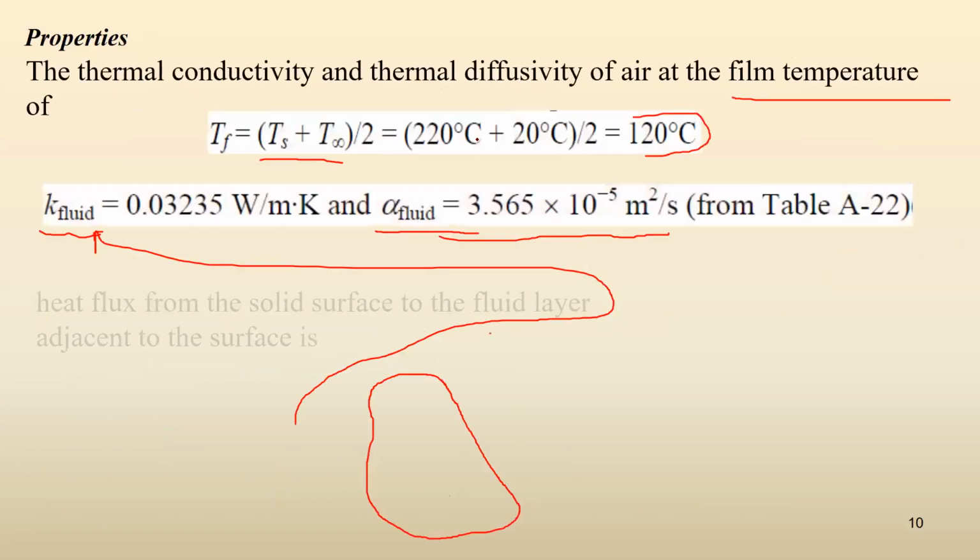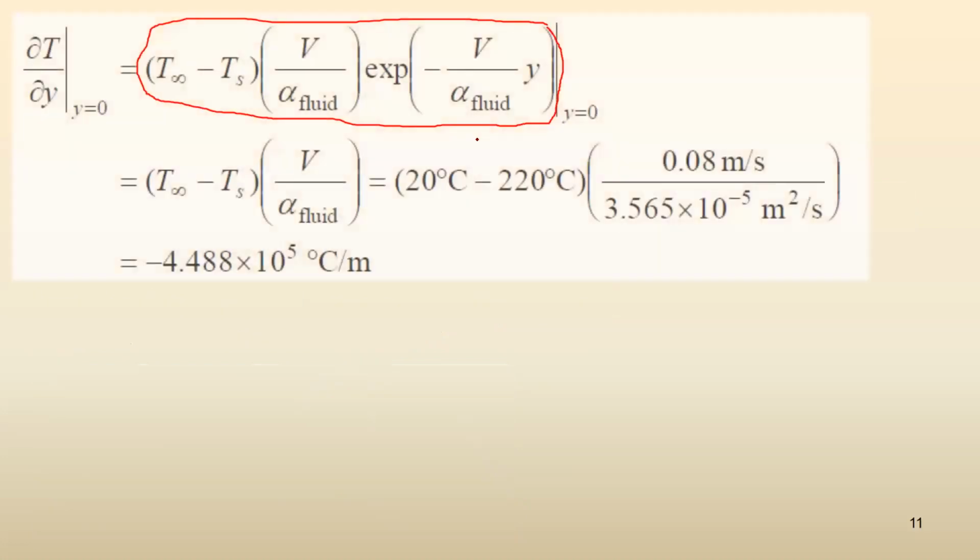Now we calculate this. After deriving the derivative, you set y equal to 0. All other values are given or read from the property tables, and this is going to be the temperature gradient at the surface at y equal to 0.